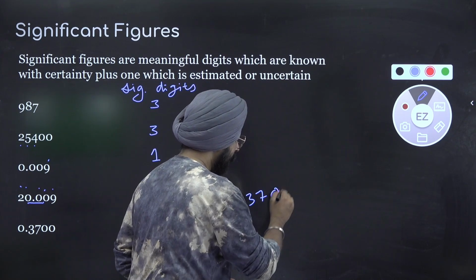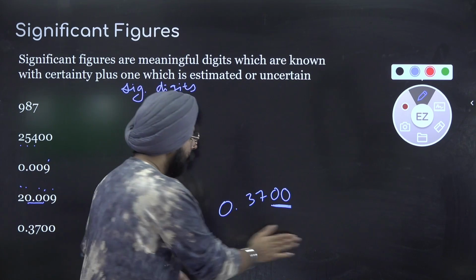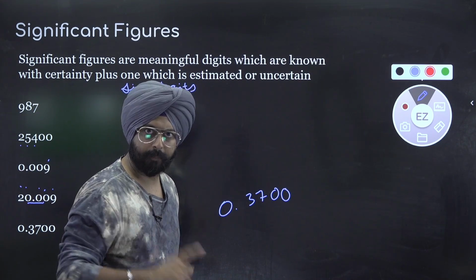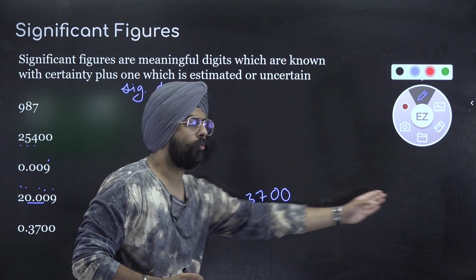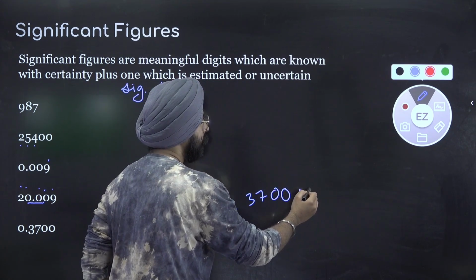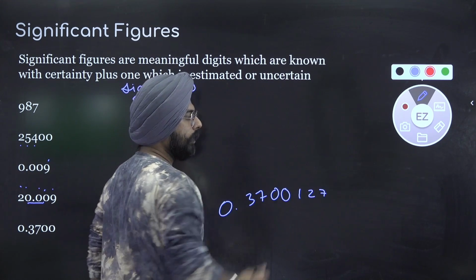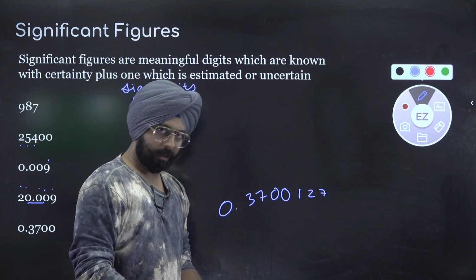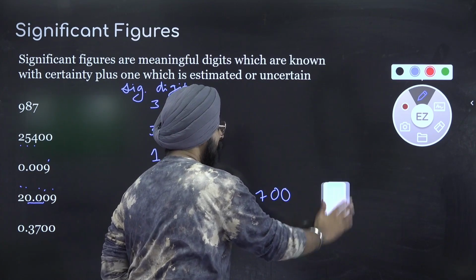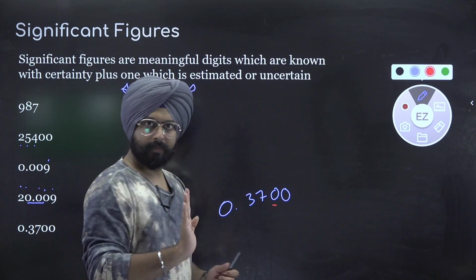So basically, these zeros are significant because if I were to write this number with more accuracy, then I would maybe have to write something like this: 0.3700127. When you have to round it off to only 4 significant digits, you remove this and you are left with these zeros, which are important.